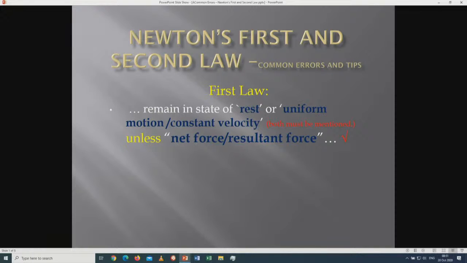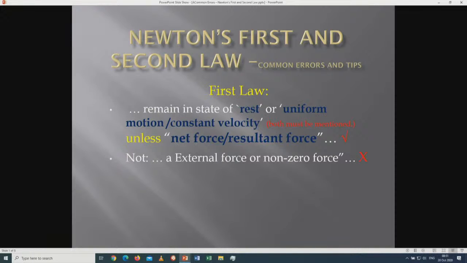So again, what is a common mistake here? You can't just say unless an external force or a non-zero force acts on the body.